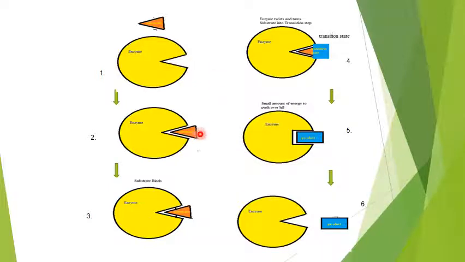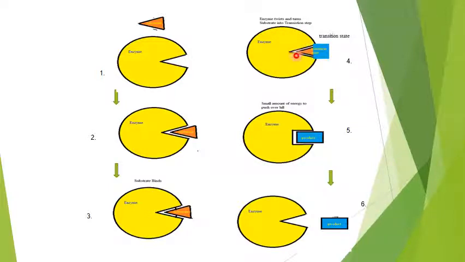So the first step is the substrate and the enzyme combine, and then they bind. Okay, and what we mean by bind is they form connections. And that's to lock it into place. So the enzyme and the substrate are docked together, and now what we can do is do the chemical reaction.